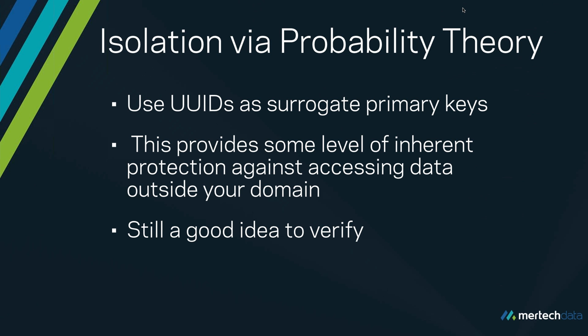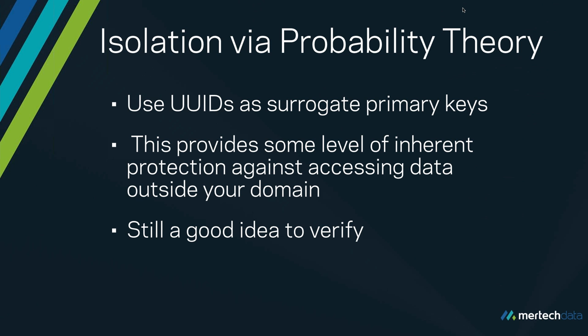To give you a chance of collision, let's say that you had generated 68.7 billion IDs into your system. So you've got almost 69 billion UUIDs stored in your system, and a user attempts to access one.